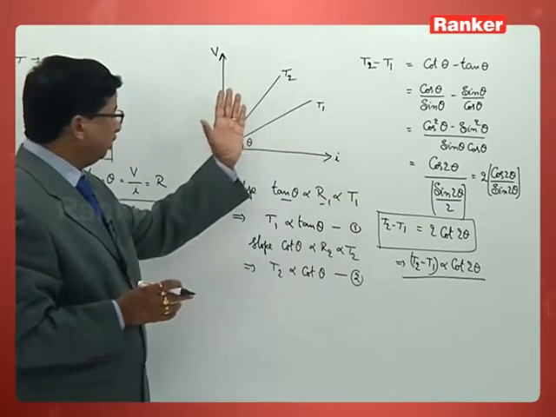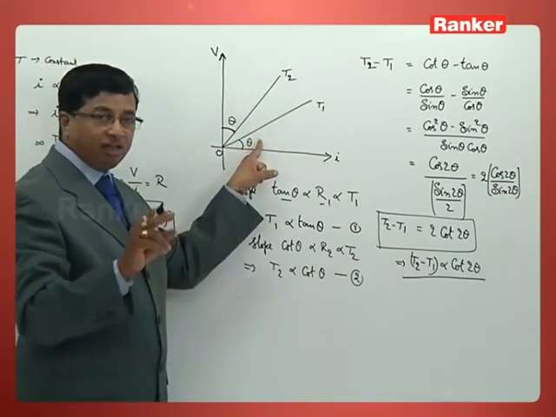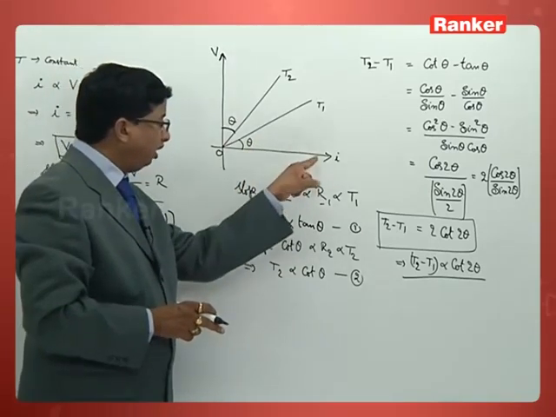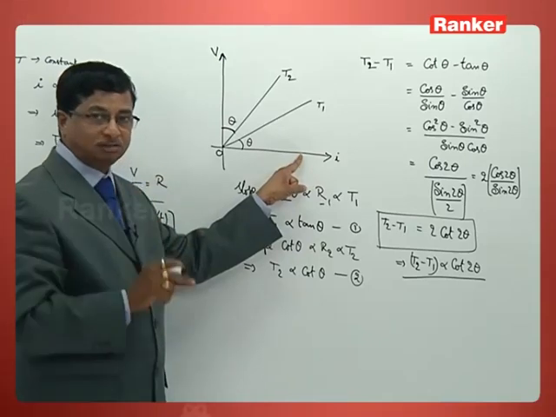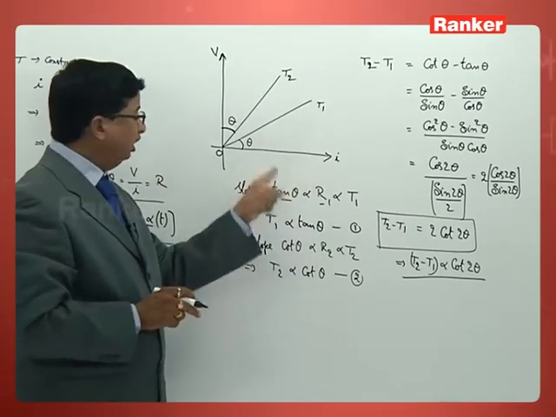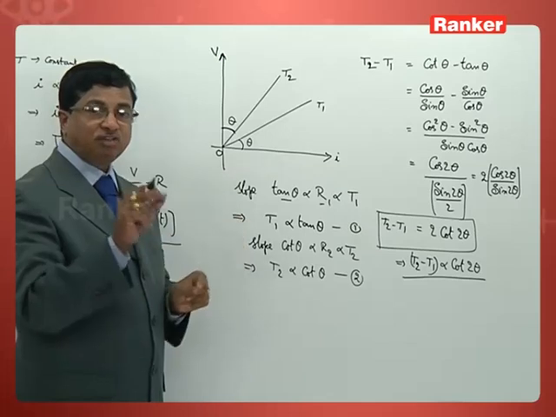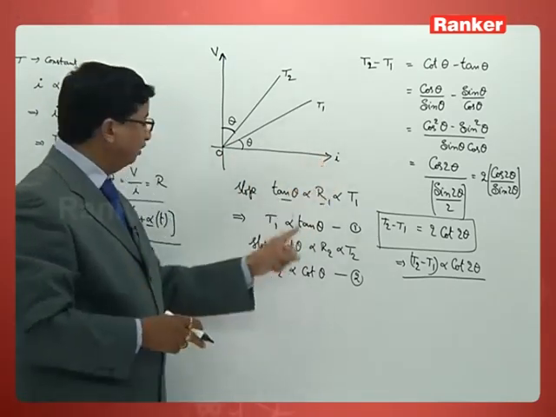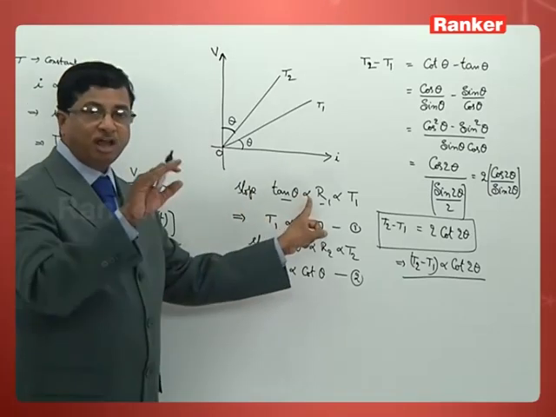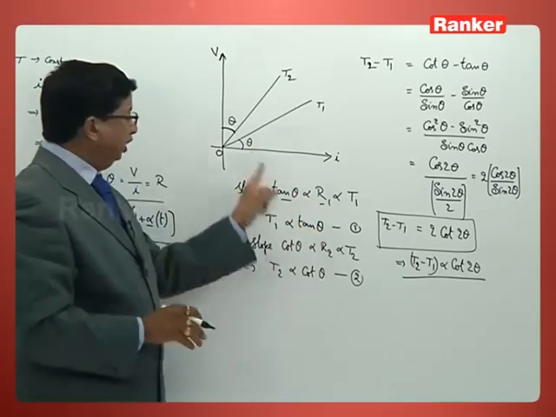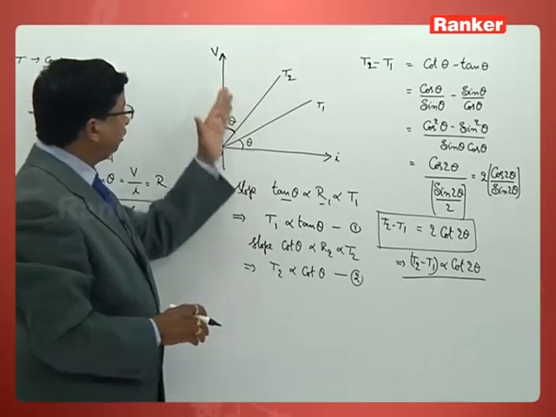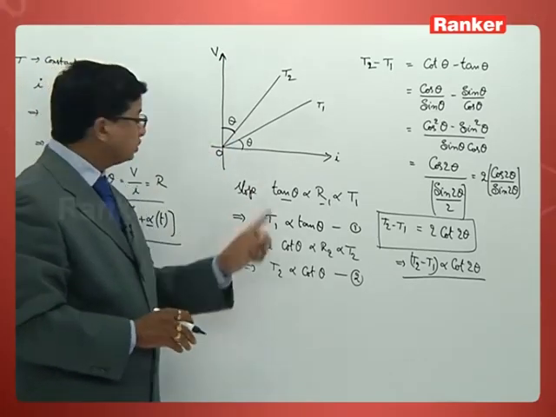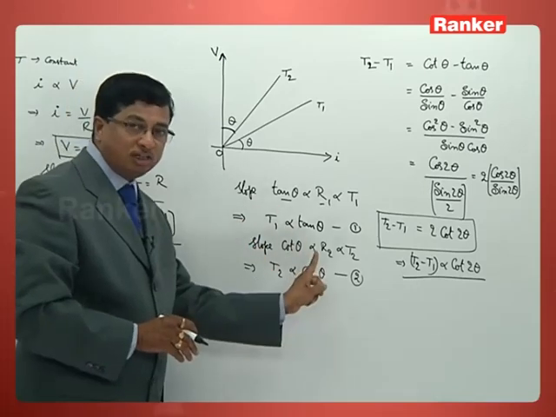So if angle theta is given with respect to the axis of current, remember this point carefully, then slope becomes tan theta. If theta is given with respect to potential axis, then slope becomes cot theta.